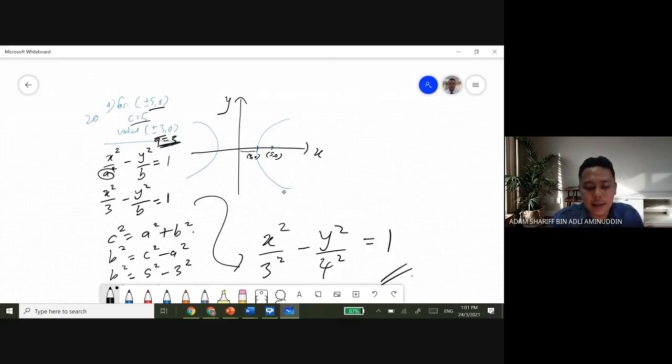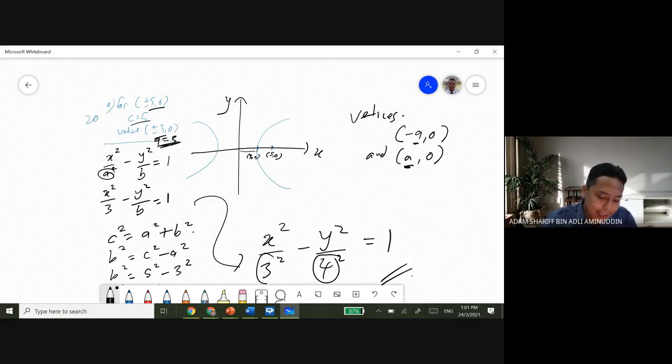Okay, katakan vertices, this one negative A 0 and also A 0. Nilai A ni yang kita nak, walaupun dalam equation tu A squared. So kita tengok yang A ni adalah yang dalam bulatan ni. Jangan squarekan awal-awal. Dalam persamaan kita square, tetapi nilai A kalau kita mark A sini, A kosong, 3 kosong, ni negatif 3 kosong.